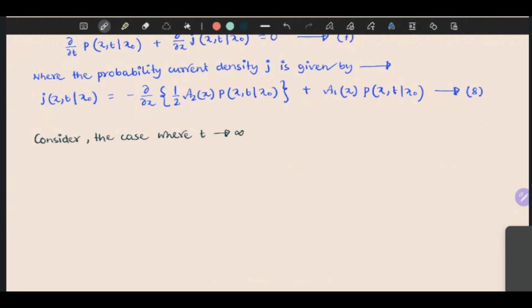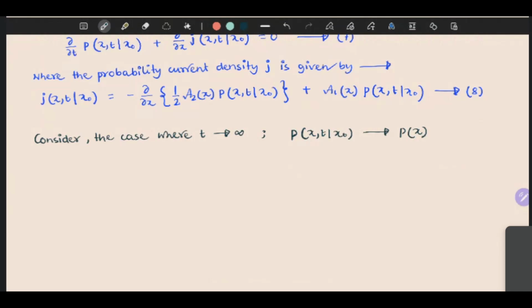Then, since it is going to the equilibrium, it shouldn't depend on t, then p of x, x naught should approach p of x, meaning the state in which it is.